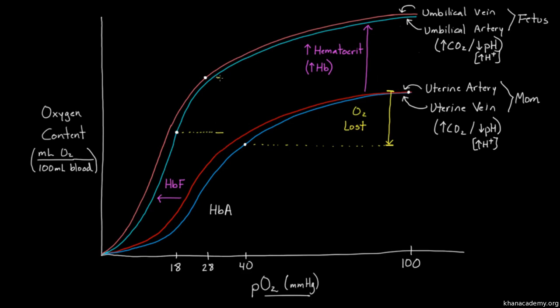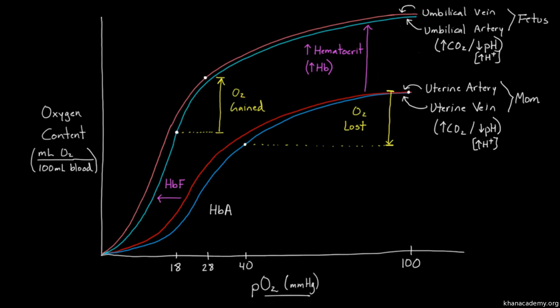That's the starting point. The finishing point is what's in the umbilical vein. So this is the increase that the baby has in oxygen. This is oxygen gained. So you can see that the oxygen lost equals about the oxygen gained, based on my drawing. If I did it correctly, that's what it should be. So the gained and the lost do equal one another.